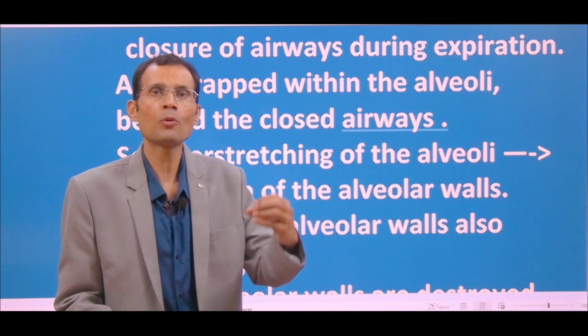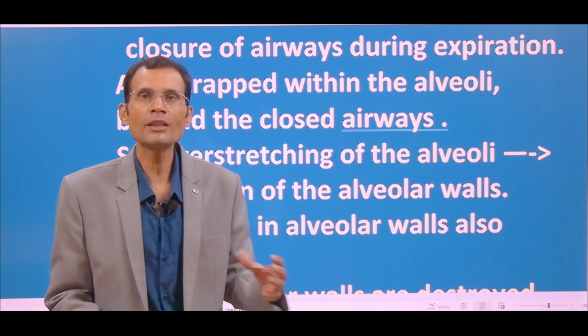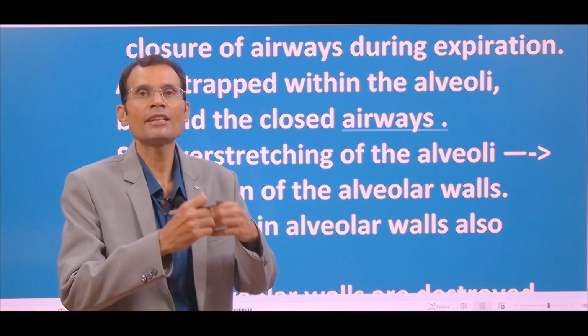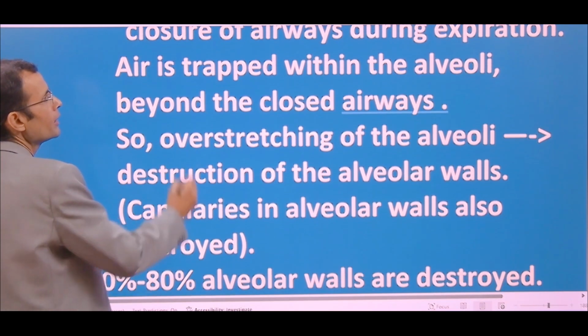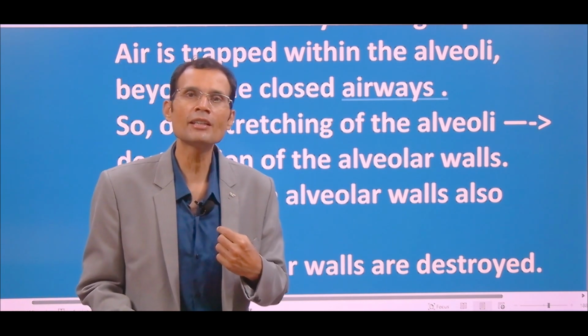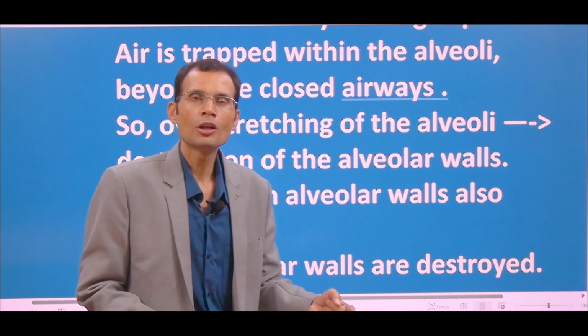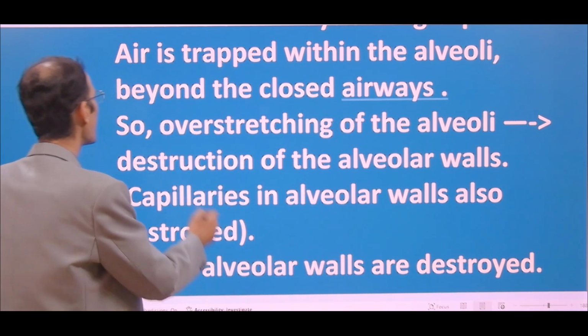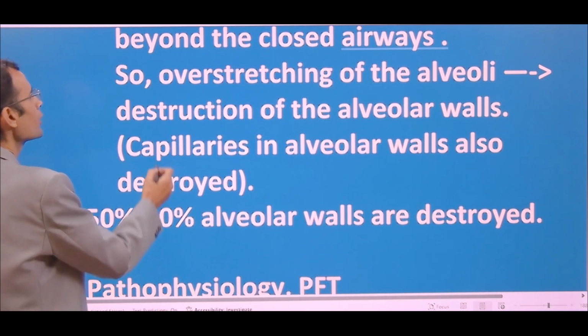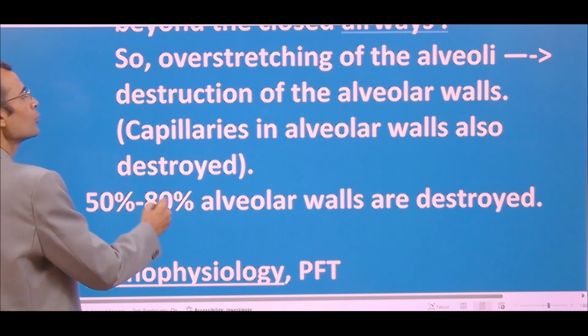Alveoli are getting more and more stretched and distended. Eventually, they are so much distended that their walls will be destroyed. So that's what happens in emphysema. It started as the airway disease, but it led to damage of the alveoli and also the pulmonary capillaries. So overstretching of the alveoli, destruction of the alveolar walls.